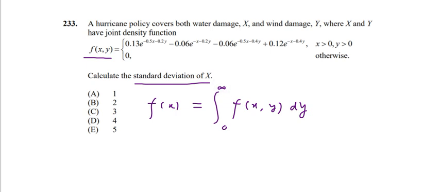So for fixed X, we just integrate over Y. This is an exponential distribution, so the exponential integration gives us e to the negative lambda x dx equals 1 over lambda.